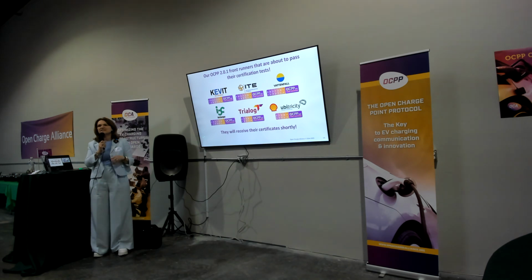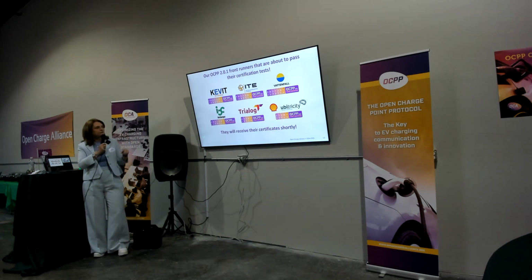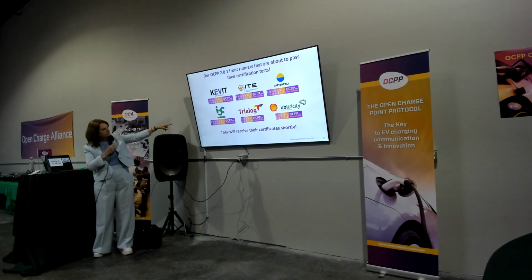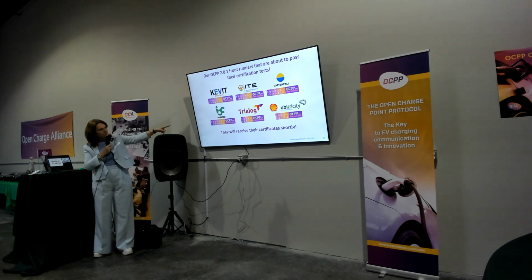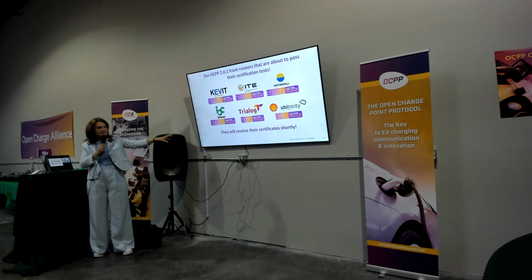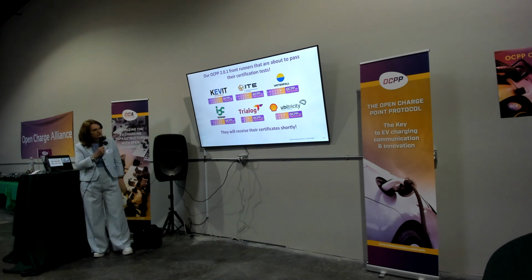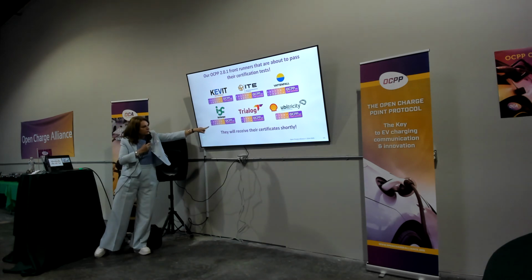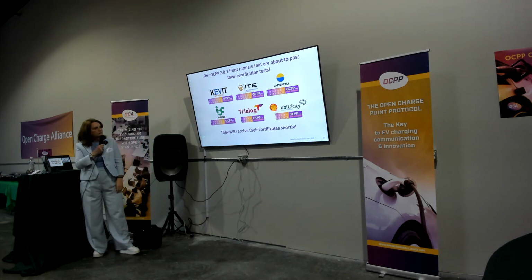If you're a backend, it's a little bit easier to certify. If you're a charging station, it's a little bit harder. There are more test cases that you need to pass. So you see IO Charger from China, Trialog from France, they're actually a software stack, and Ubitricity from Germany. Here you see which profiles they will pass, and they will receive their certificates shortly.